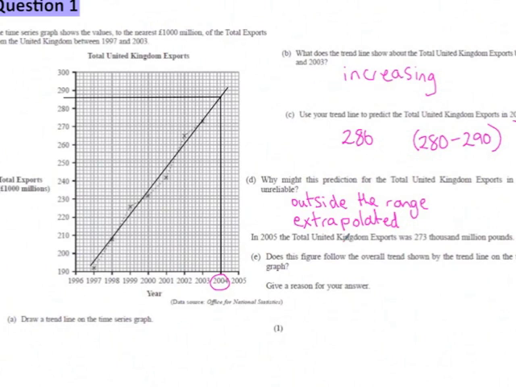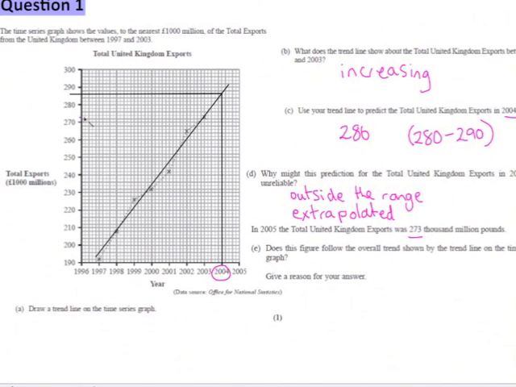We're then told that in 2005, a whole year later, the United Kingdom exports was 273. So looking here, 273 is approximately here. Using your line, you can see where that corresponds on the trend line.